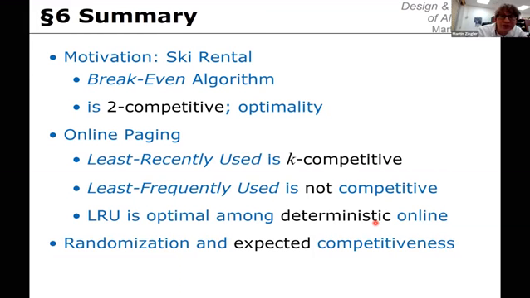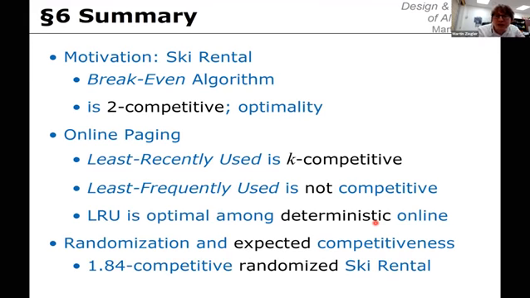Finally, we've considered randomized online algorithms and the expected competitiveness. When we have a randomized algorithm, the competitive ratio becomes a random variable, not a number. We constructed a simple randomized algorithm, which is a hybrid of two versions of the break-even algorithm.